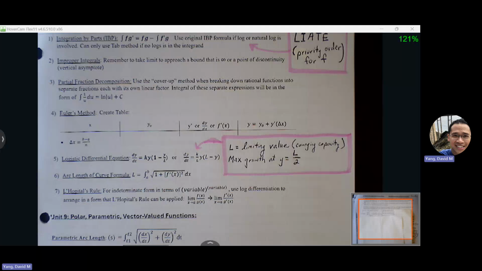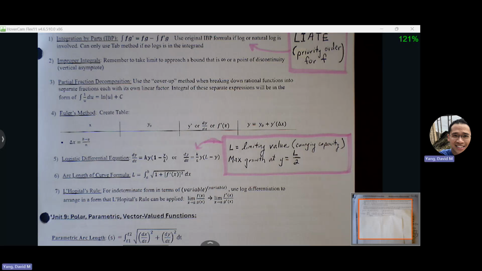We really don't involve inverse trig, but really it's logs, algebraic, trig, and exponential. Whichever comes first in the acronym is the one that you're going to assign as f. So basically, if you're doing integration by parts and logs is showing up, your log is always going to be your f.